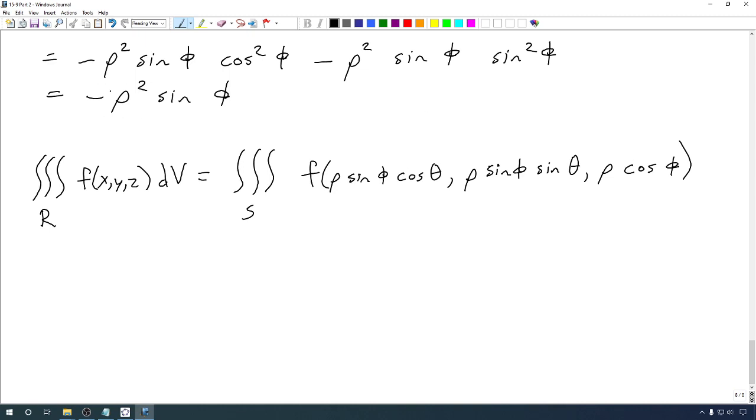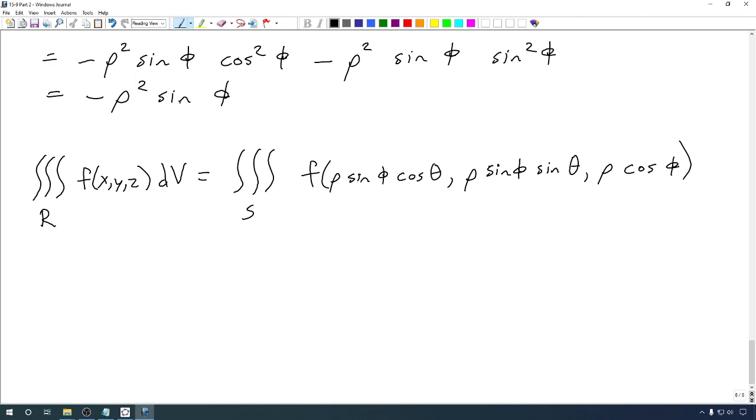Then we put in our Jacobian, or really the absolute value here. The absolute value gets rid of that negative. Actually, rho squared is positive, so we don't even have to worry about the rho. It's more because with phi, we're only looking at values of phi between 0 and pi, and that means the sine of any angle between 0 and pi is positive.